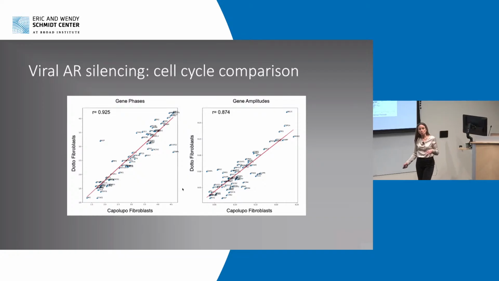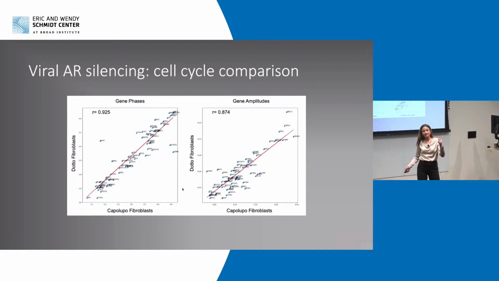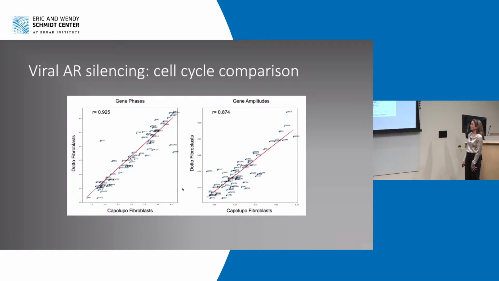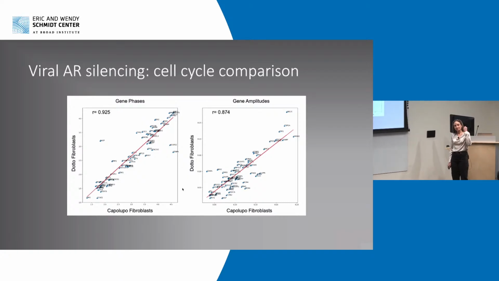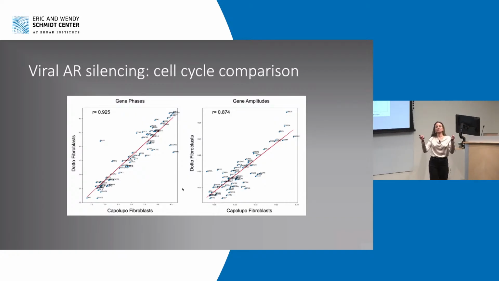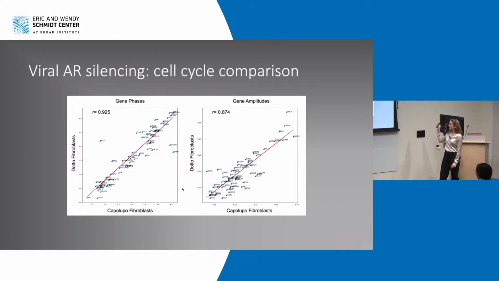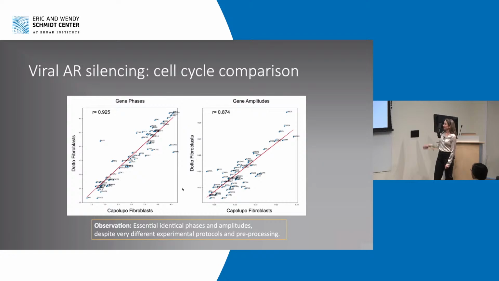One is from the Capolupo paper I was talking about before, and the other is this new set done in the lab of Paolo Dotto. So a very nice correspondence there. It shows that this topological, or geometric, computation we've been doing is stable across data sets, pre-processing, and so on. Essentially identical phases and amplitudes, despite the different experimental protocols.